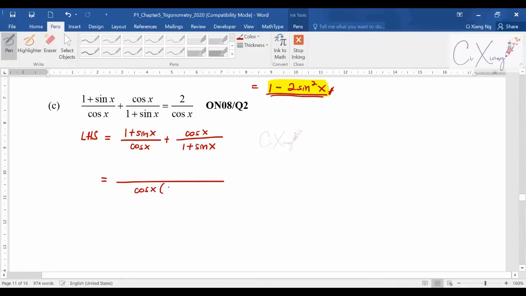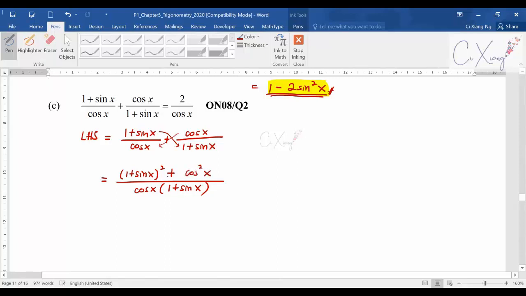For the bottom part, I multiply the denominators with each other. Then, to change the numerators, you have to multiply by the other denominator, and the same thing happens here, which is cos square x.